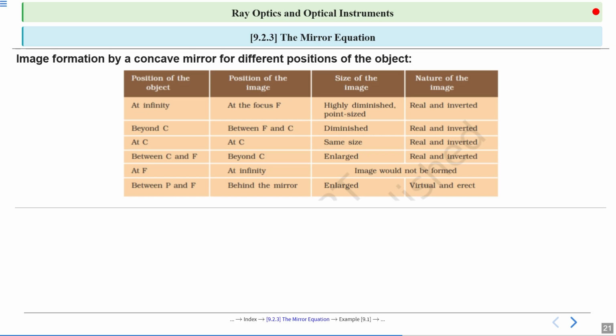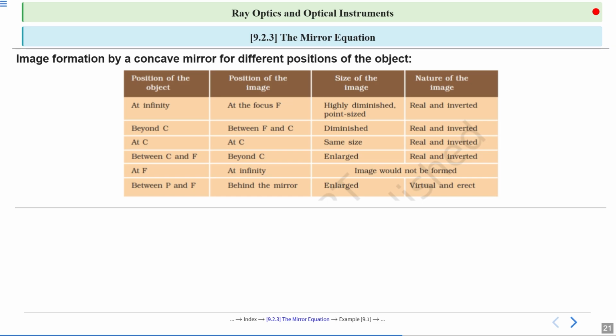When the object is at focus, the image is formed at infinity, but we don't know where infinity is, so we can say the image would not be formed, but its nature is real and inverted.